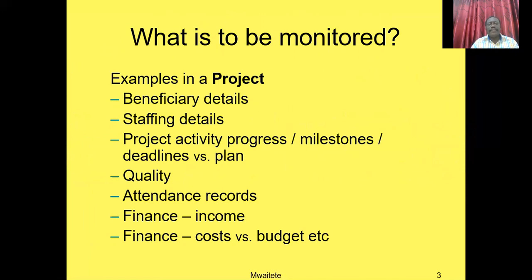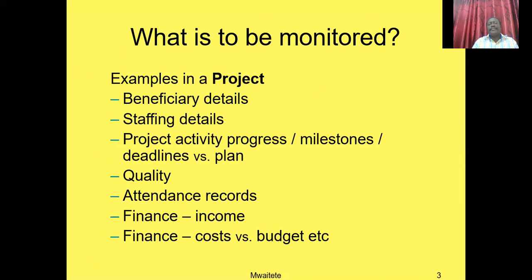You can monitor the quality of work. You can monitor staff attendance records: who is attending, and at what time are they reporting at work? You can monitor all the revenue, all costs, your cash flow, and your budget.